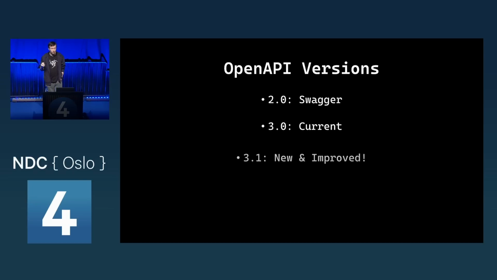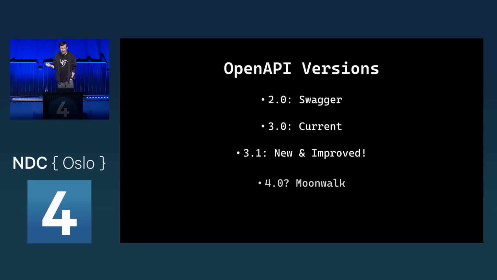There is an OpenAPI 3.1, which is new and improved, and we'll talk about the main difference there later on. And there is a speculative OpenAPI 4.0, which currently has the codename Moonwalk, and we'll look at that later on as well. But for the time being, right now, if you want the best experience, you should use OpenAPI 3.0.